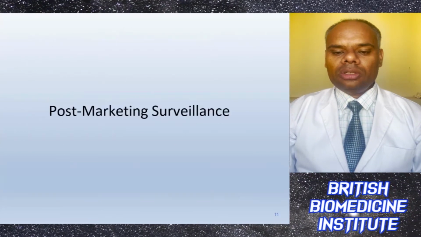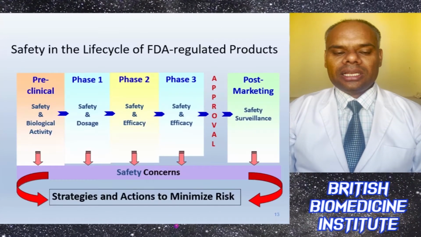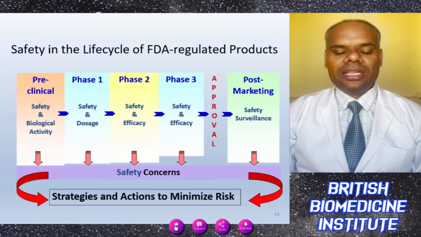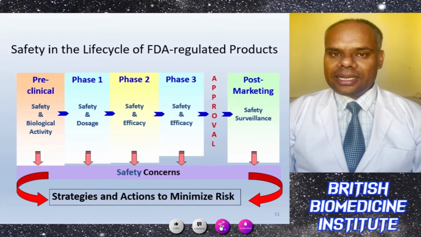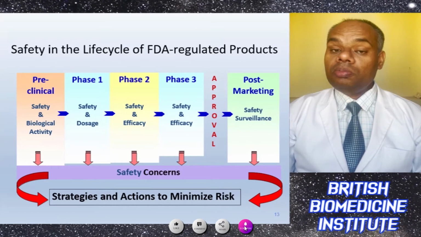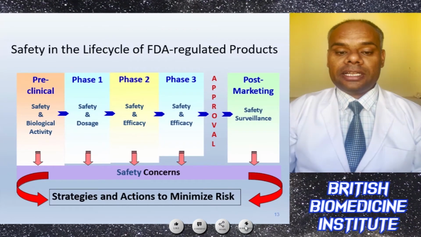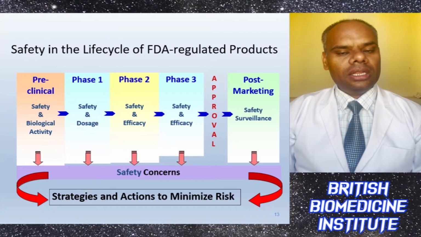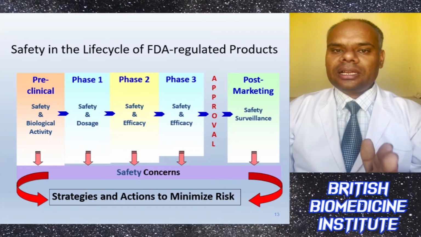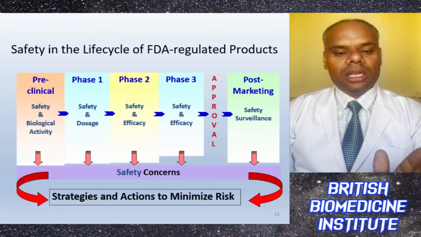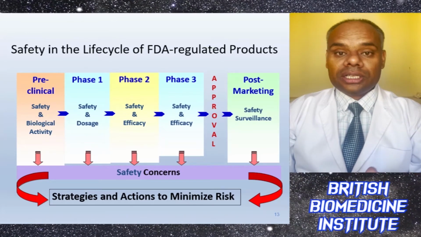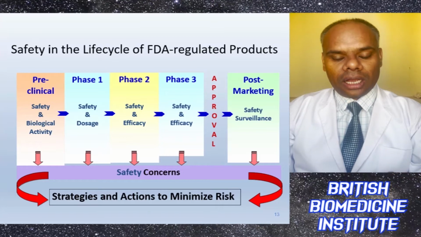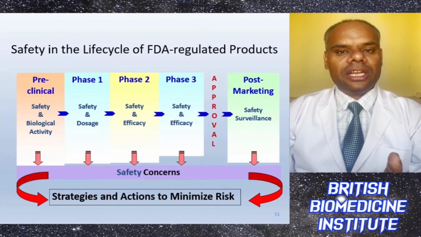Under post-marketing surveillance, there is safety monitoring in the life cycle of FDA regulated products, where strategies and actions are used to minimize the risk to participating patients. In the hierarchy, information moves from preclinical studies, that is animal models. If it is okay, it moves to phase 1, where healthy volunteers participate and we cross check safety and dosage.